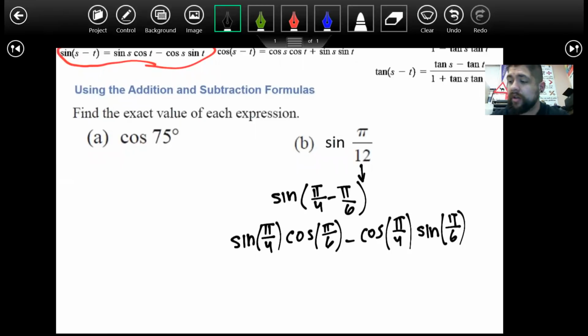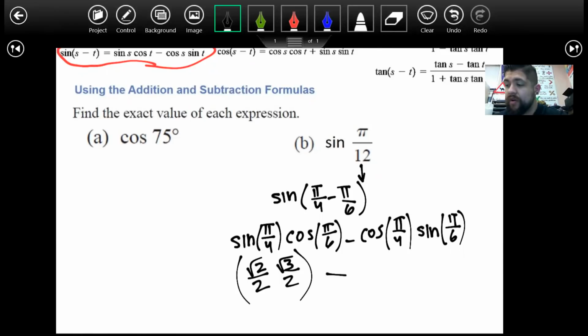Looking at your unit circle again, I would just look at this chart, or you can look on your graph. Sine of pi over 4 is rad 2 over 2. Cosine of pi over 6 is rad 3 over 2. So we're going to multiply those two together. We still have the subtraction.